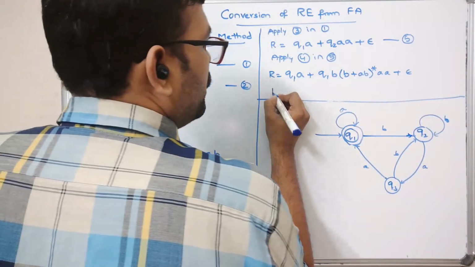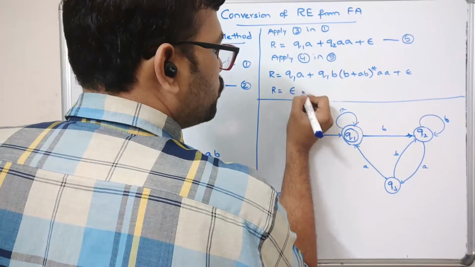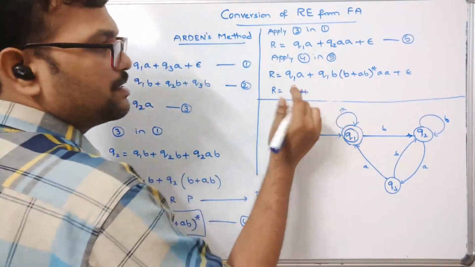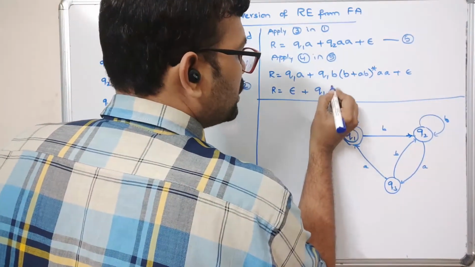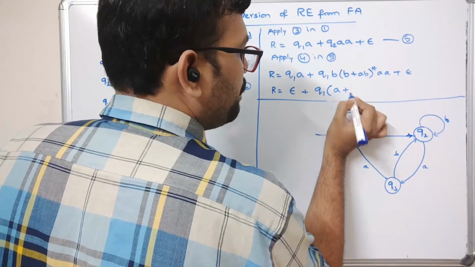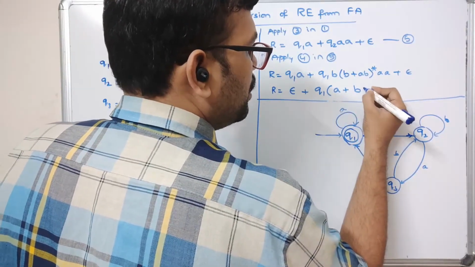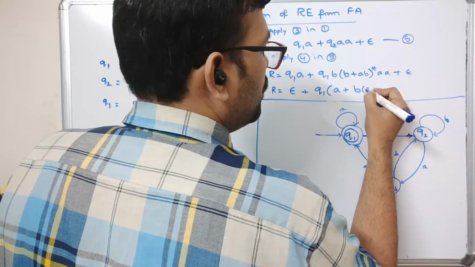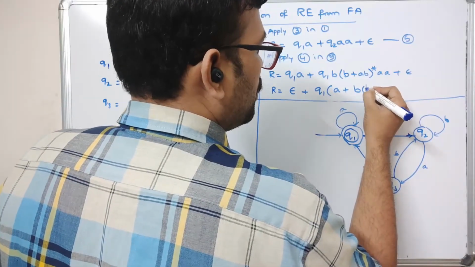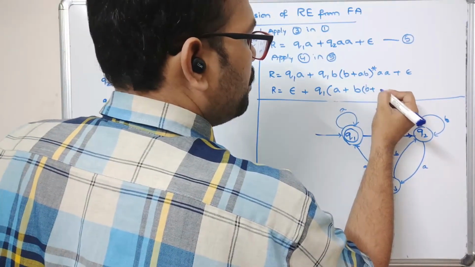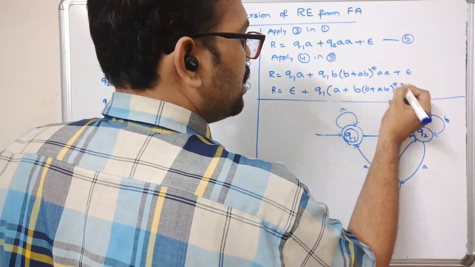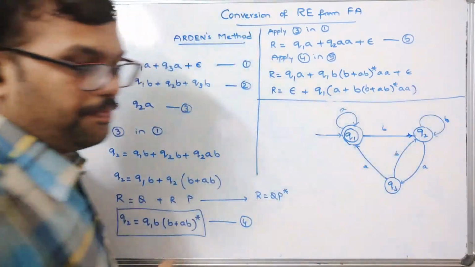Simply you can write it here: R is equal to epsilon plus, taking Q1 as common, A plus B into B plus AB star AA.